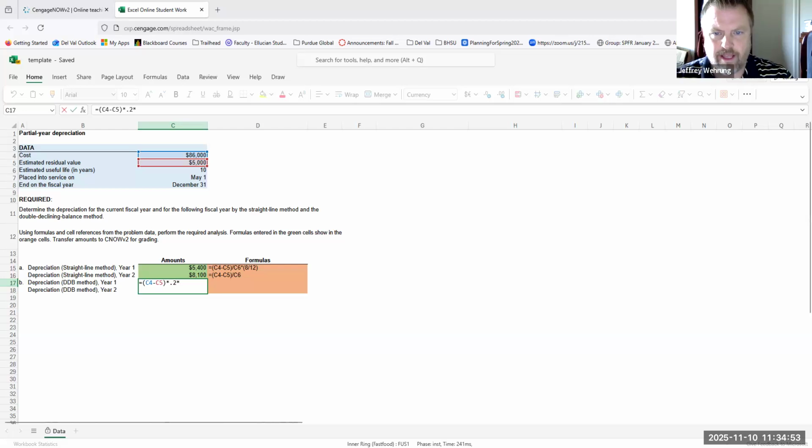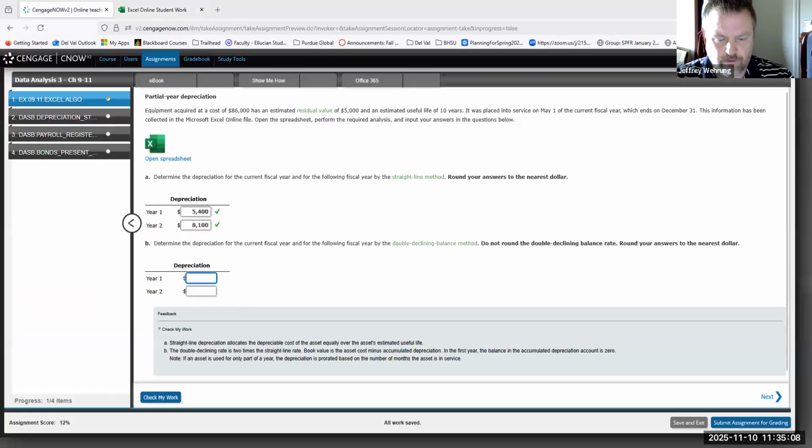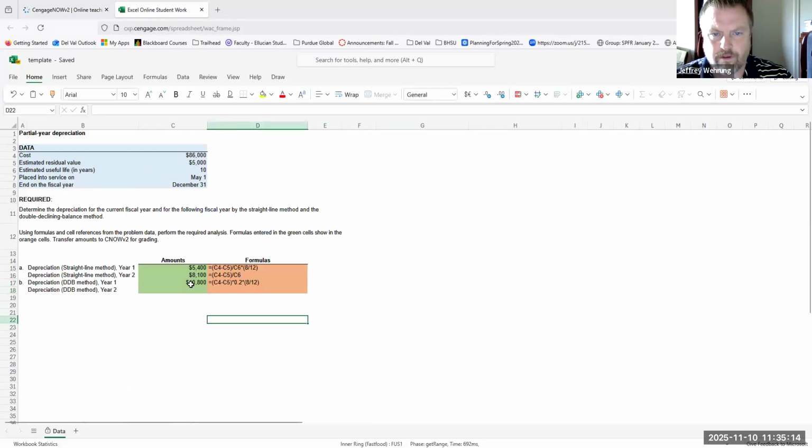And then multiply it again, but this time we're multiplying it by the number of years. So we're only doing 8/12. Okay. So that would give us 10,800. So let's make sure this is what they're looking for. It's not what they're looking for. Interesting.